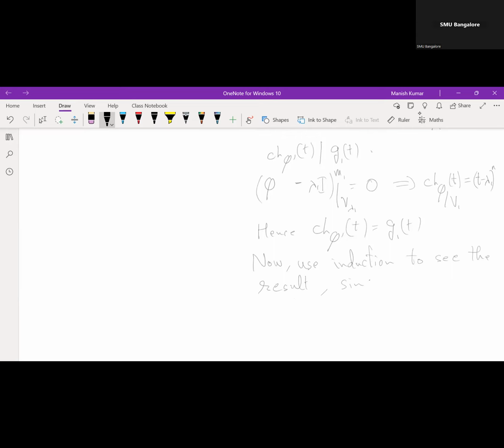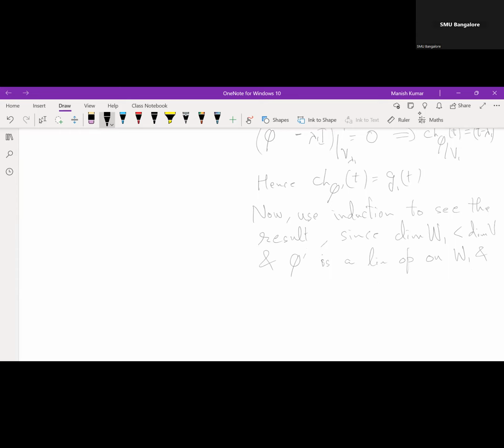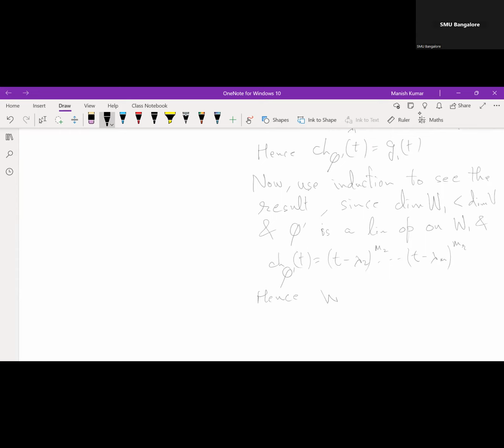Since dimension W1 is less than dimension V, and phi prime is a linear operator on W1, and the characteristic polynomial of phi prime evaluated at T is (T minus lambda2) to the m2 through (T minus lambda r) to the mr. Hence, W1 has to be V lambda 2 direct sum through V lambda r.